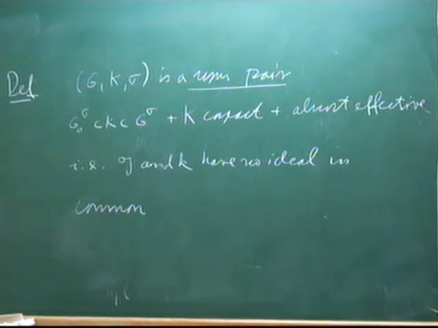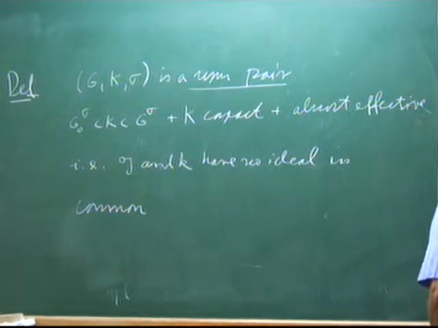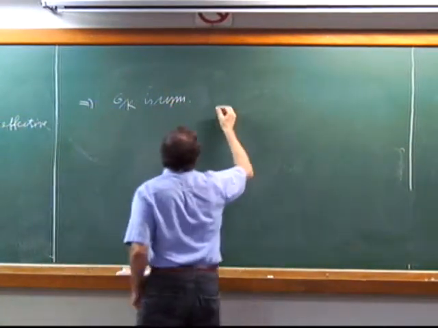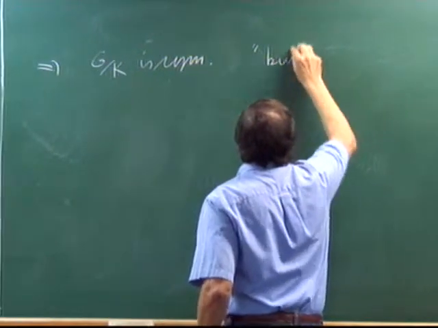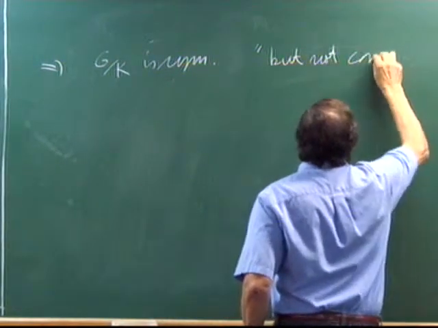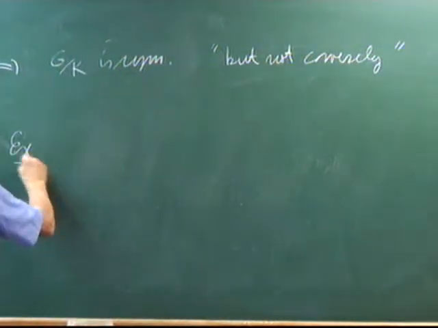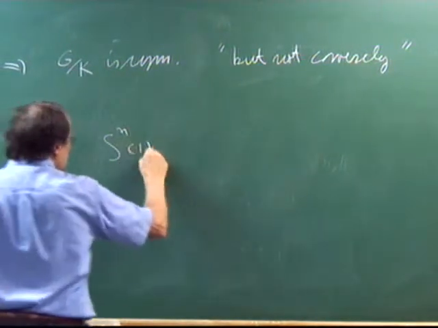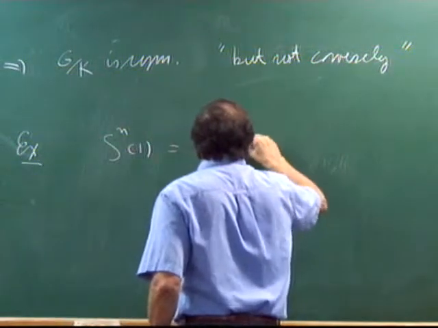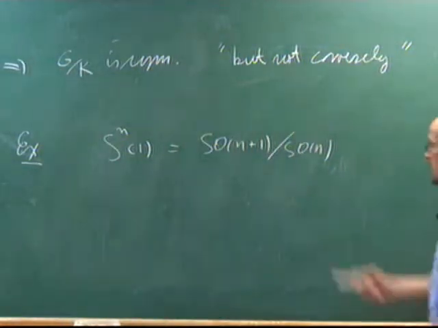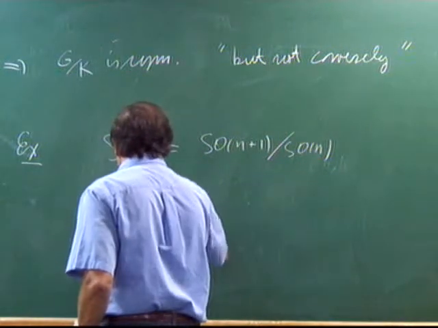So, a word of caution. Remember, this certainly implies that G mod K is a symmetric space, by what we proved, but not conversely, in the following sense. Let's look at the round sphere. That's SO(n+1) mod SO(n). Of course, we know that SO(n+1) is the identity component of the isometry group.